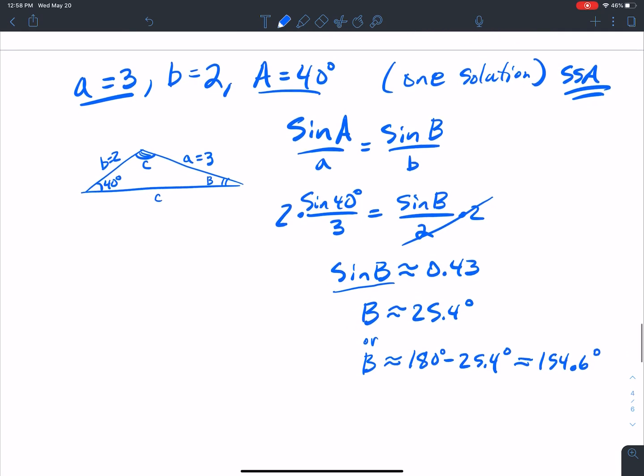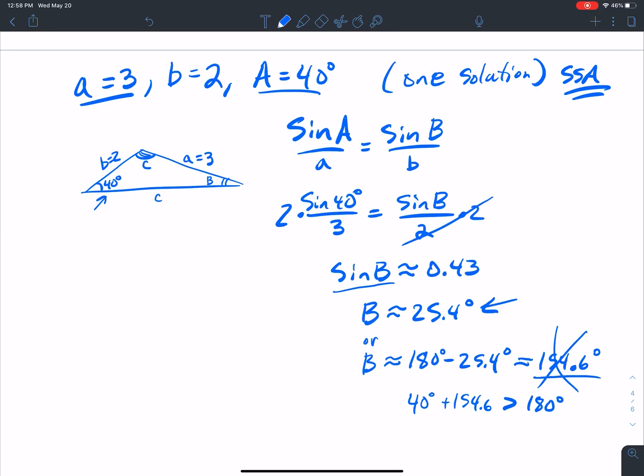The second possibility, this 154.6, is ruled out because A, we know, is 40 degrees. And so 40 degrees plus 154.6 is greater than 180 degrees, which is not possible in a triangle. Okay? So that's not going to work for us. So this one is not even a possibility. So this here is my answer.